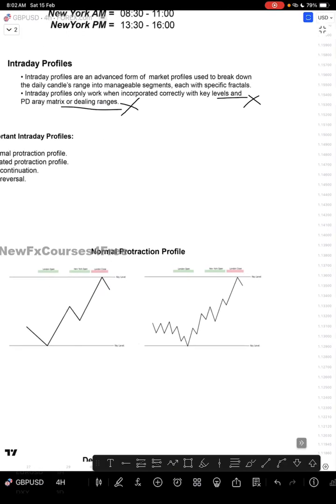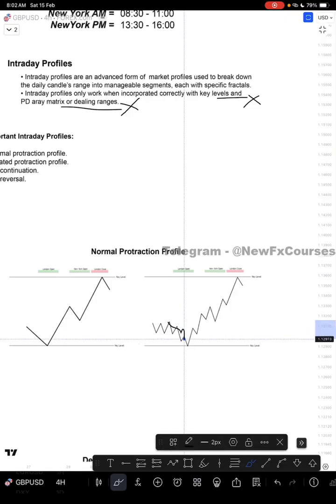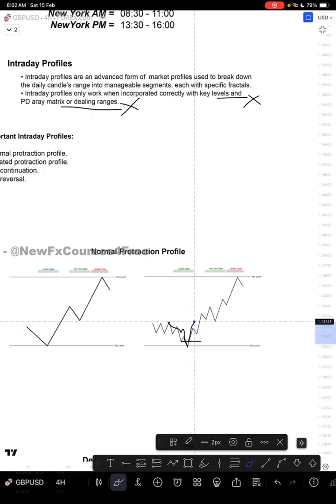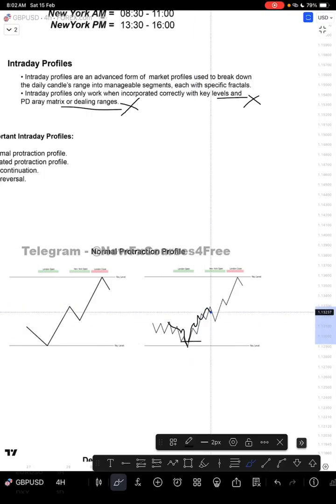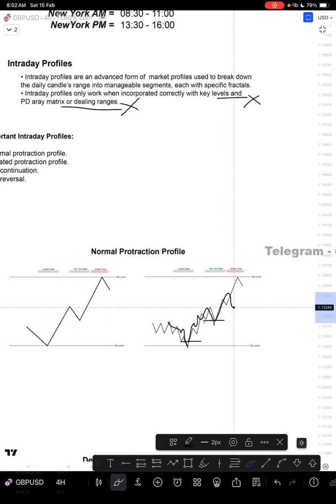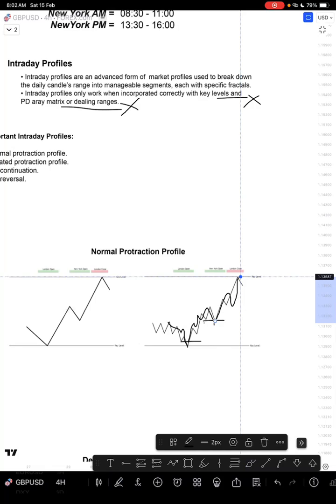Then for the second scenario, London opens, dips into a key level, you've got a turtle soup, then London lunch, then New York retracement profile, then expansion, London close expansion towards the key level or final draw on liquidity.